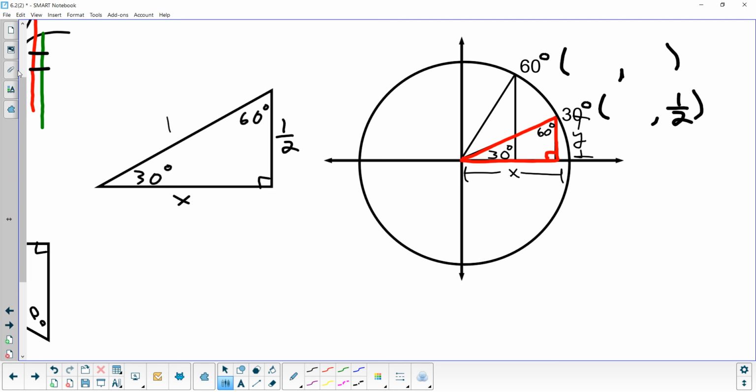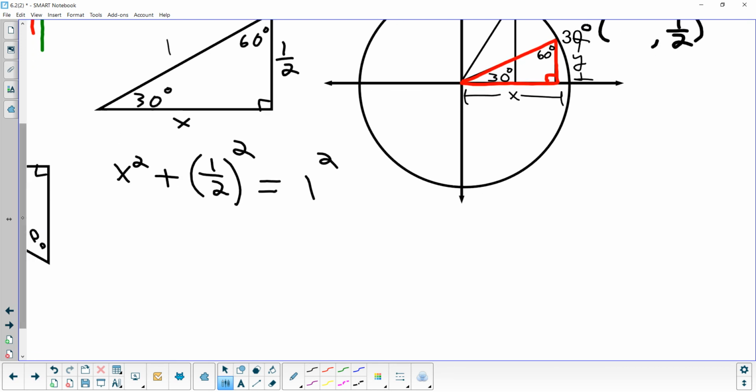It would be x squared plus 1/2 squared equals 1. Perfect. And you can put squared, we're going to square it, it's just going to come right back to 1 anyway.